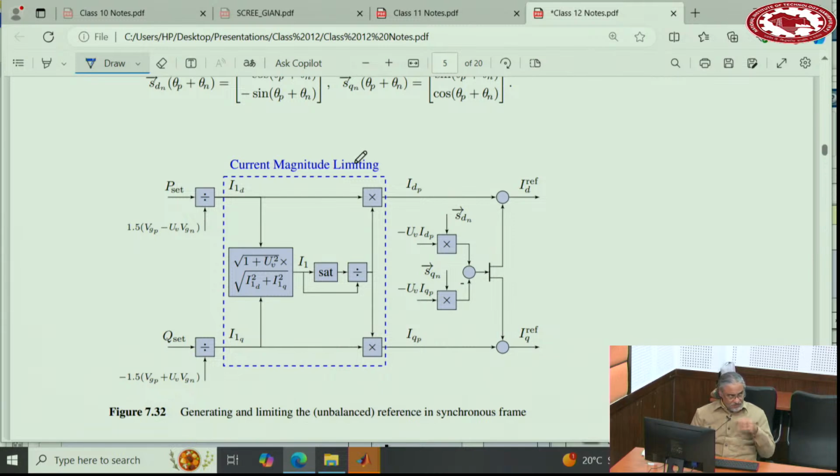With the comment that there is still room for improvement here, if any one of you is interested to work on it. This is still open. In the simulations, I did not run this for the unbalanced case in the previous class, if you realize, and only ran the balanced case. If you go and run the unbalanced case yourself, because you will have the files, and try extreme unbalanced situations, you will see that the current limiting will not be satisfied very well.